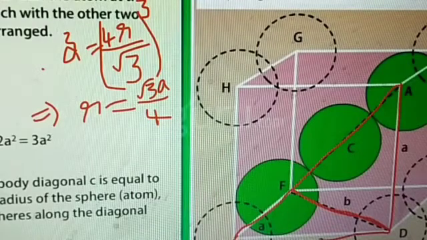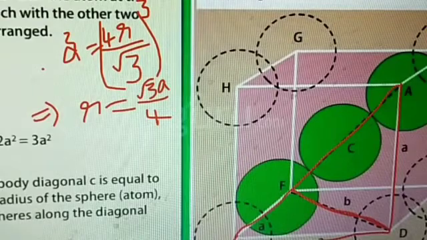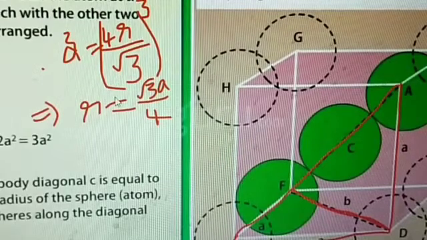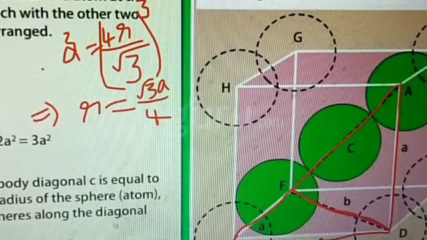So packing efficiency means nothing but volume occupied by two spheres in the unit cell by total volume of the unit cell into 100. So see here, this is the space occupied by one unit cell.